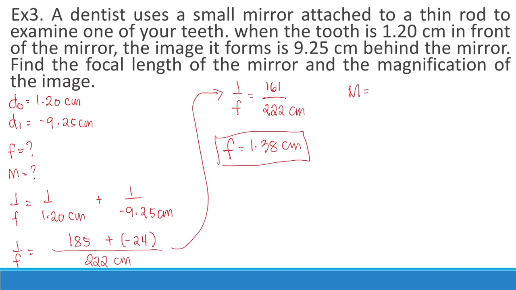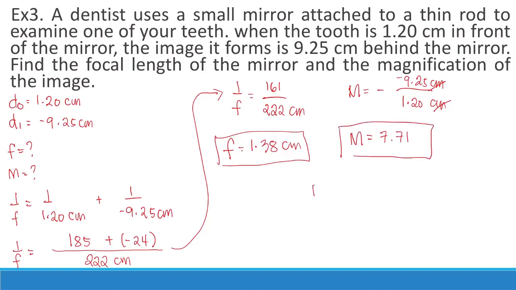So for m, we have negative dI, which is negative 9.25 centimeters, and then we have 1.20 centimeters. Units will cancel. Then the magnification is equal to 7.71.